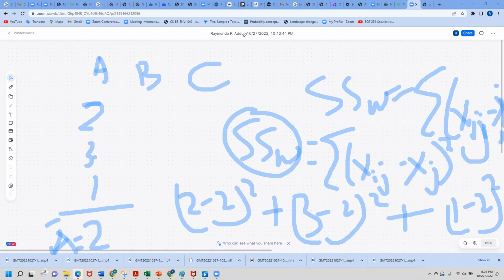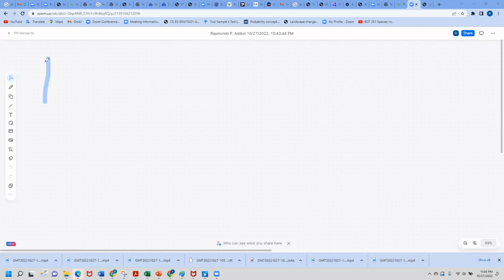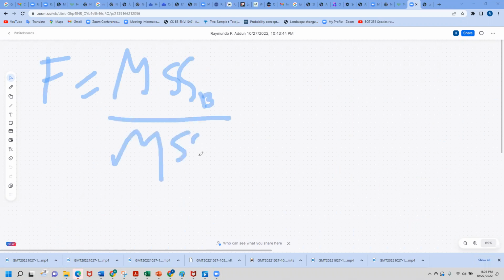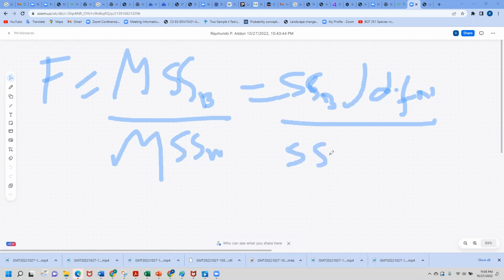So what you need in F, all right, the F says mean sum of squares between over the mean sum of squares within. It's the sum of squares between over the degrees of freedom of the numerator, over the sum of squares within divided by the degrees of freedom of the denominator.